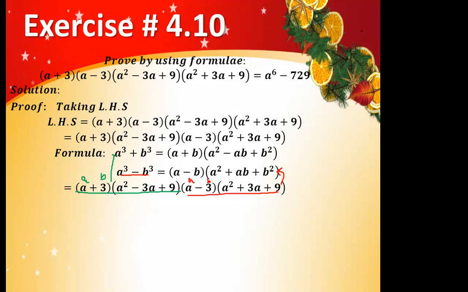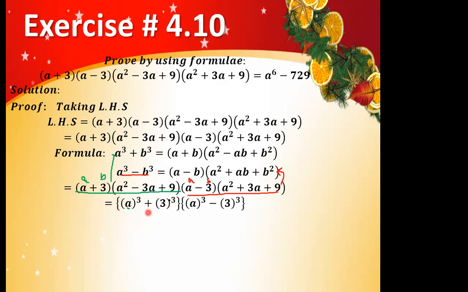Okay. Now look at here. What you are going to do, you are going to enclose this one. So what will it become? It will become a cube, whole cube. We have to take the cube of a, so the term a is this one, a whole cube, plus term b is this one, that is 3, and 3 whole cube.